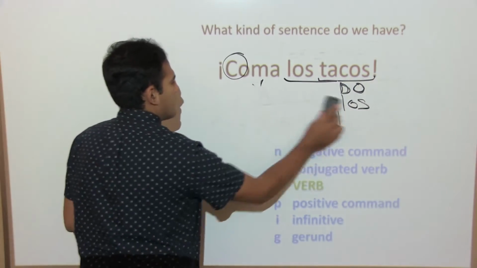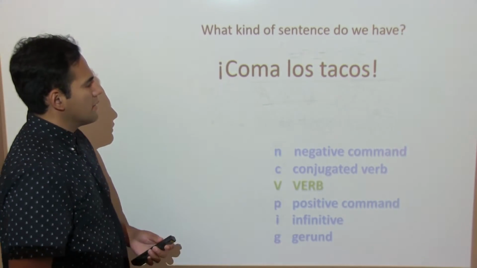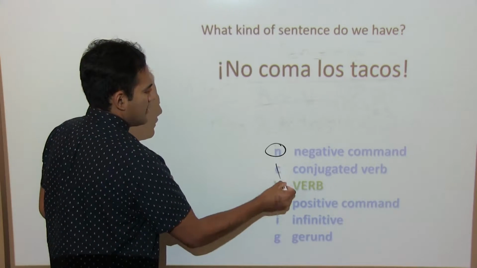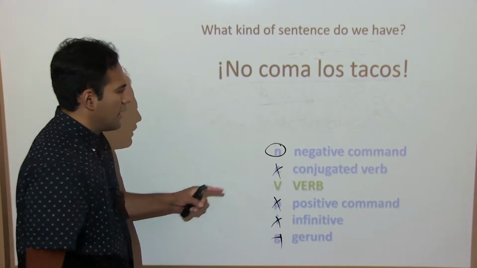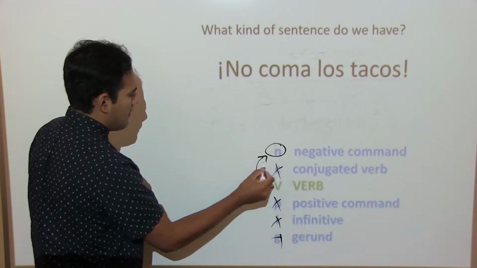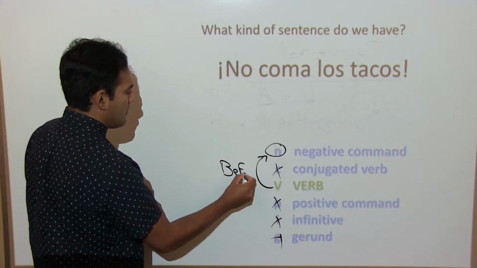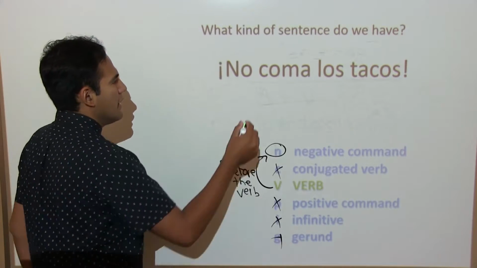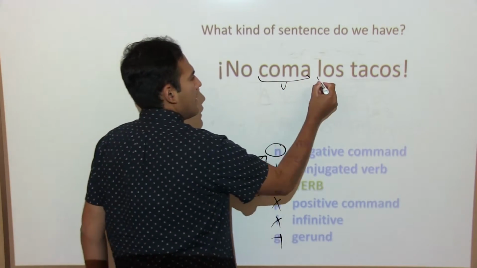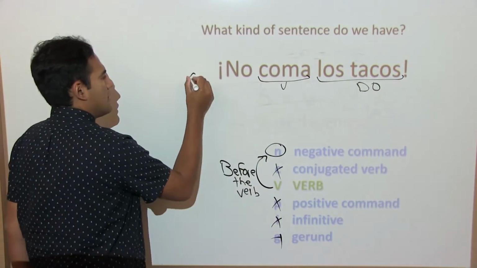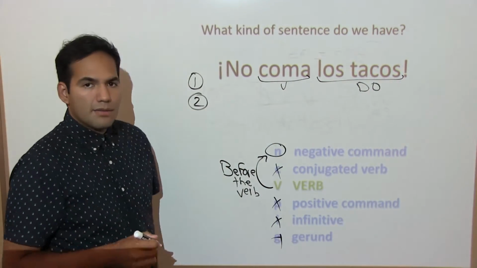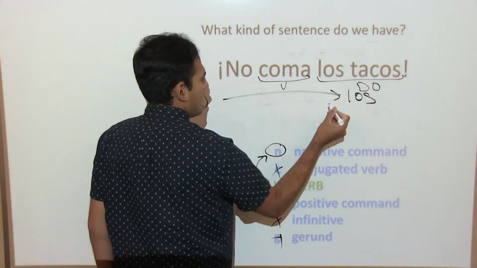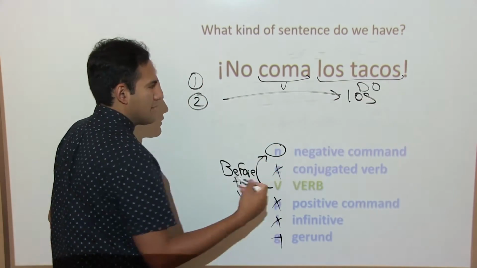Okay, the next one, No coma los tacos. Now we have a negative command, so it's not going to be any of these. So negative command means that we're going to put the pronoun before the verb. So let's do that. So here we have our verb and then our direct object. So that's our first step. Second step is we have to find the appropriate pronoun. In this case it's going to be los, because it's masculine and feminine, that's the pronoun.